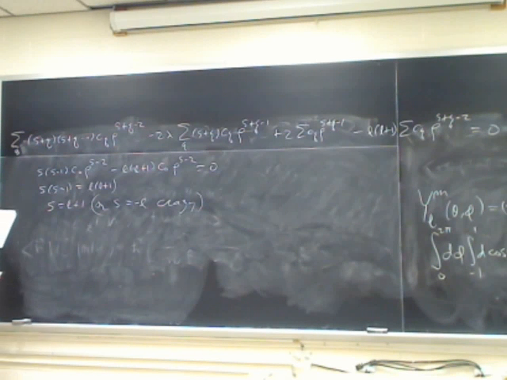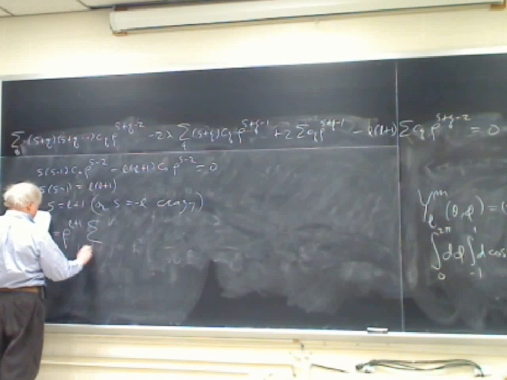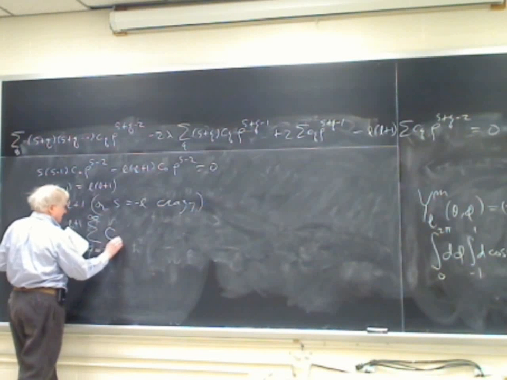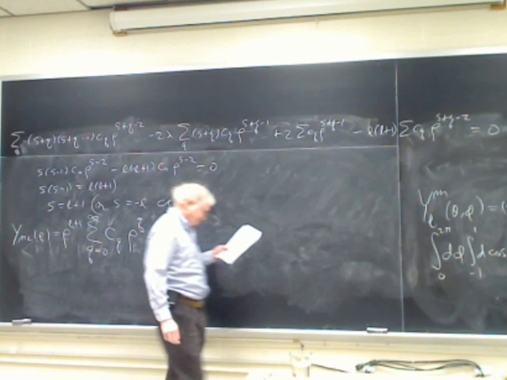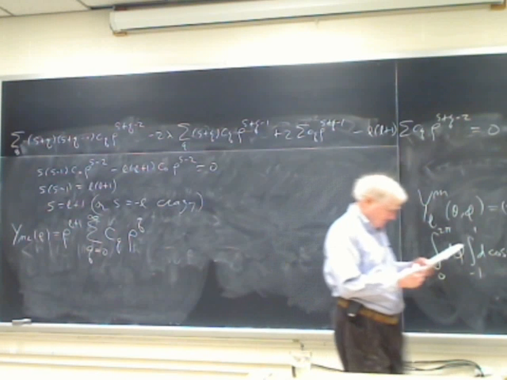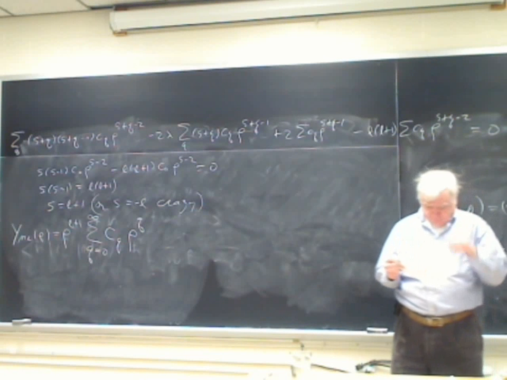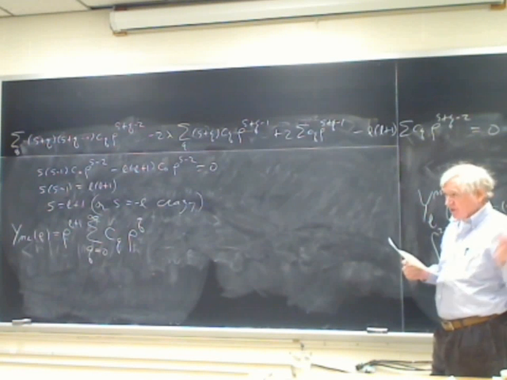So now we actually know what's happening, namely that this y_nL of rho is rho to the L plus 1, sum on q from 0 to infinity of c_q rho to the q. All right, so this recapitulates what we learned earlier.